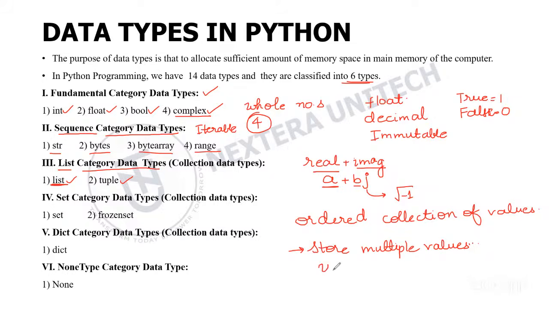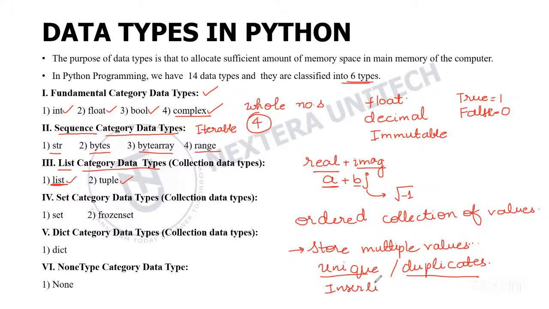And also it allows us to store unique and duplicates also. So list data type will allow unique values and duplicate values. It also allows same data type elements, different data type elements, or both the types. And it also maintains the insertion order.